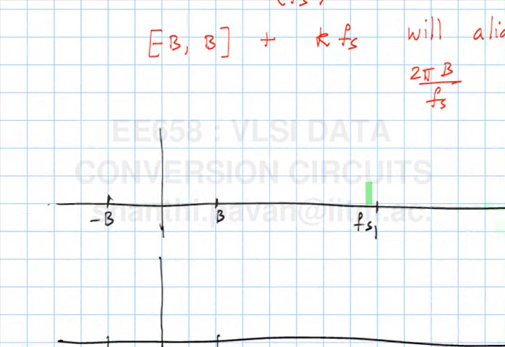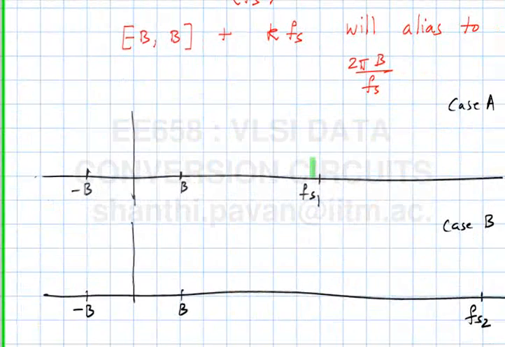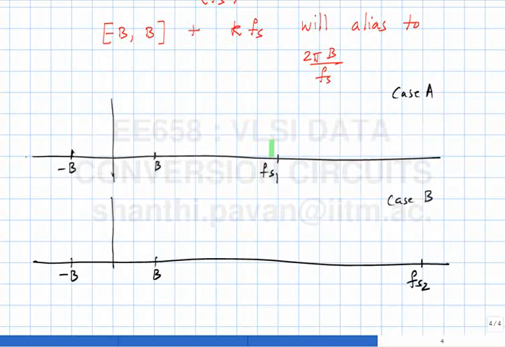In case A, what are the bands from which noise will alias into the signal band once I sample? Fs1 minus B to Fs1 plus B. Correct? So in case B it is Fs2 minus B to Fs2 plus B.